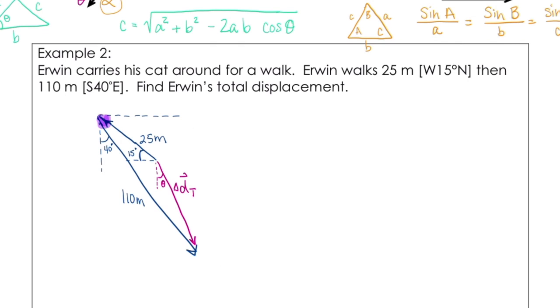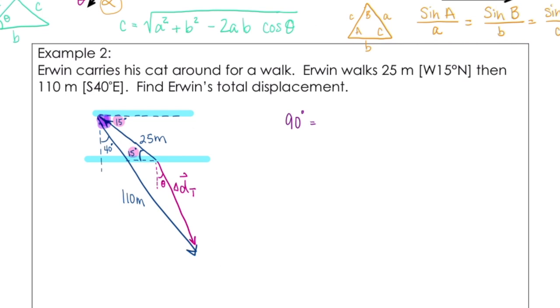Because we have a parallel line here, and then a parallel line here, and then a line that's intersecting them, we can use our angle rules to know that if this is 15 degrees, then this angle is going to be 15 degrees as well, because they're congruent. This purple angle is 90 degrees.